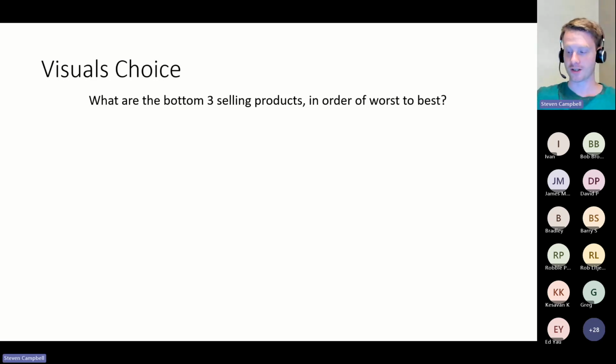So I want the worst selling product first, then the second worst selling product, and then the third worst selling product. Put it in the chat, and I'm going to time how long the first person takes. I'm going to show you a graph with some products and their sales figures.